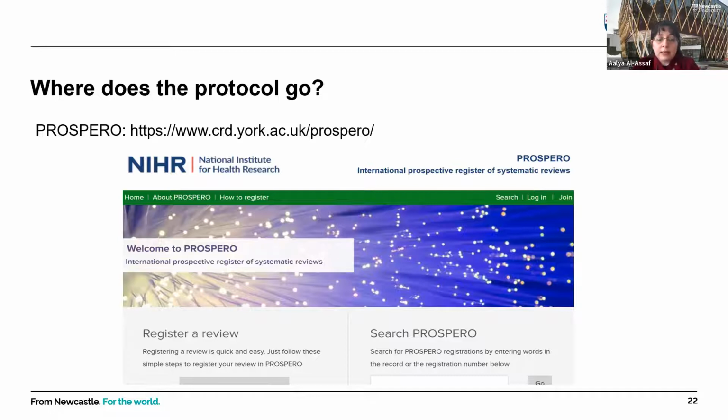They provide a list of registered systematic reviews, and this will help to avoid duplication, and also it can help in reducing the chance of reporting bias, because you can compare the protocol and the completed systematic review that was planned in the protocol. So you can access it from this website, and you can register your protocol on Prospero. Next slide, please.